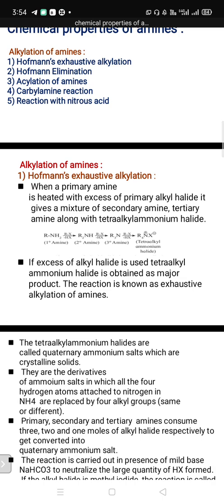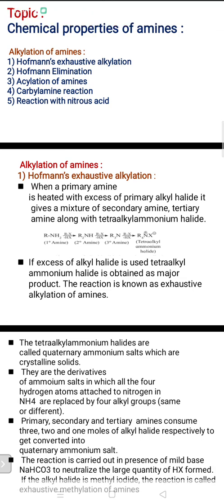In alkylation of amines, the first one is Hofmann exhaustive alkylation. In that, you know, RNH2 means primary amine. When this primary amine is heated with excess of primary alkyl halide, it gives a mixture of secondary and tertiary amines along with tetraalkyl ammonium halide, meaning quaternary ammonium salt.